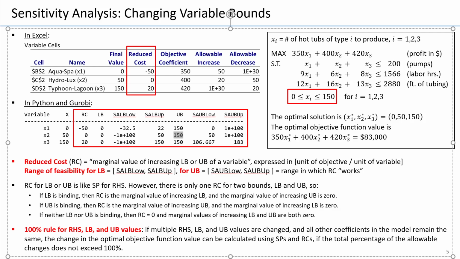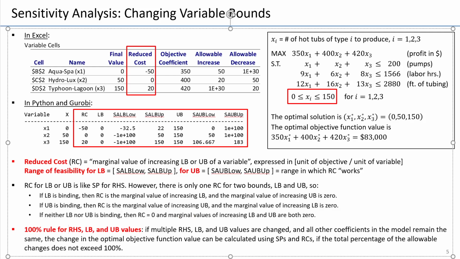One more thing that I will not focus on much in this video is that you can have an extended 100% rule. Like we had a rule for right-hand side changes, if you change more than one coefficient, you can still use shadow prices provided that the total percentage change of right-hand sides does not exceed 100% of allowable changes. You can extend it to lower bounds and upper bounds.